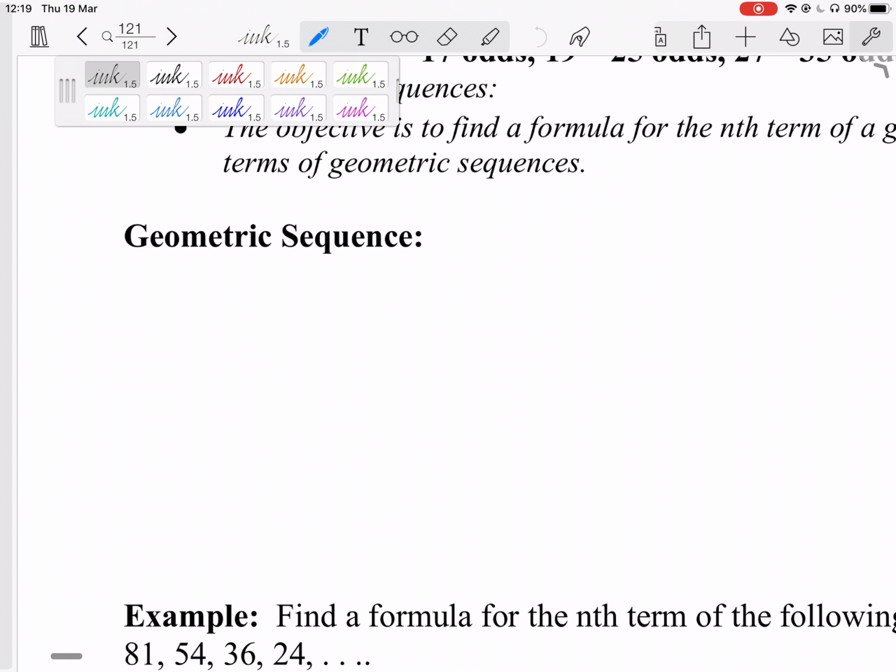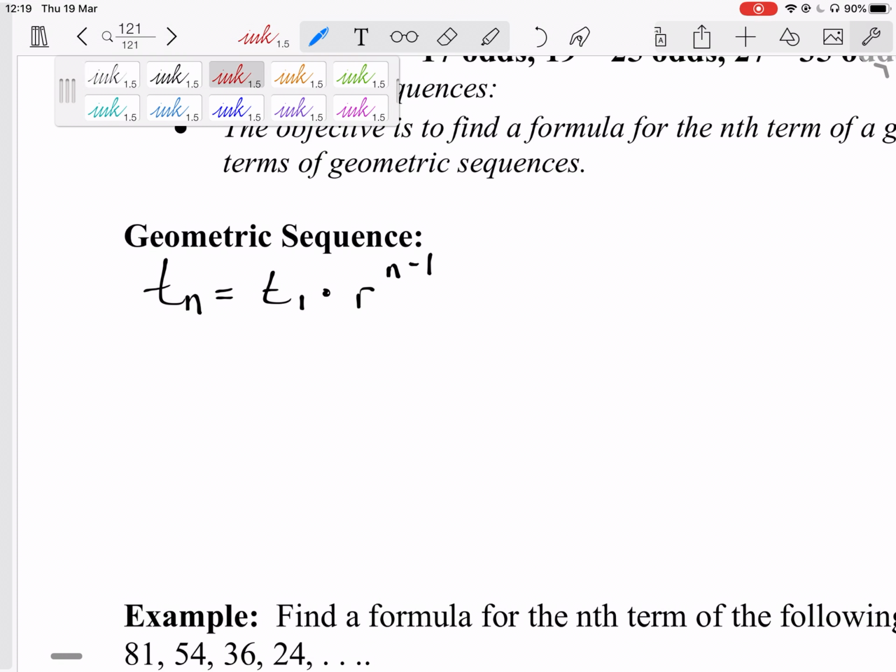Geometric, we talked about in the last video, is multiplying in order to get from one term to the next, or dividing, multiplying by a fraction, kind of the same thing. And so we have a formula for this, just like we do for the arithmetic sequences. So this is t sub n is equal to t sub 1 times r to the power of n minus 1.